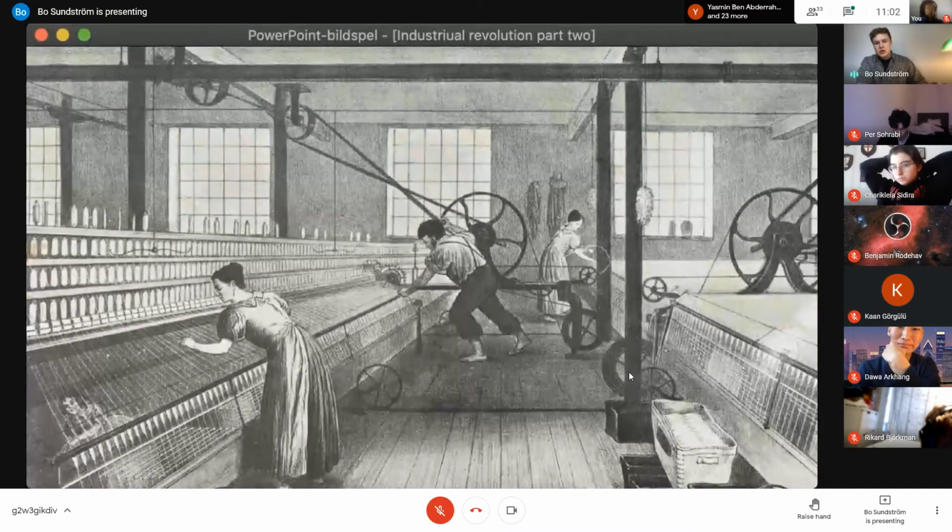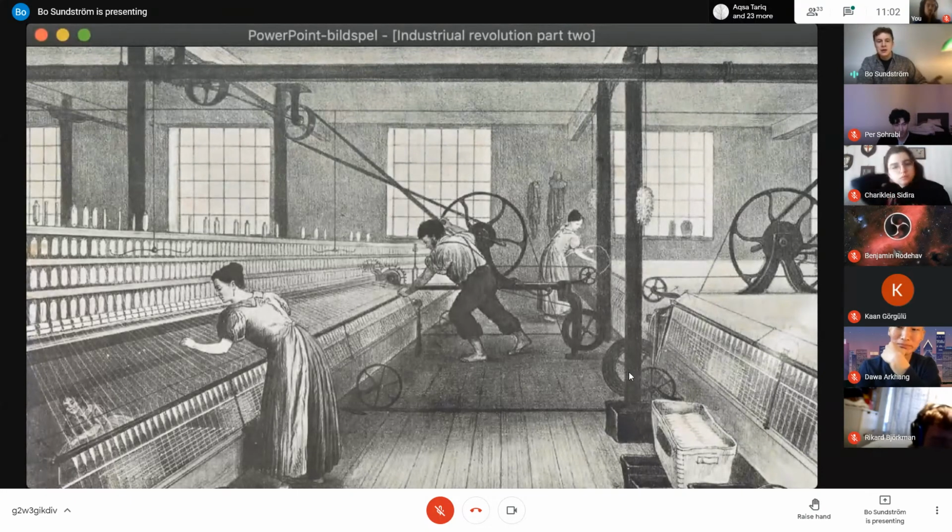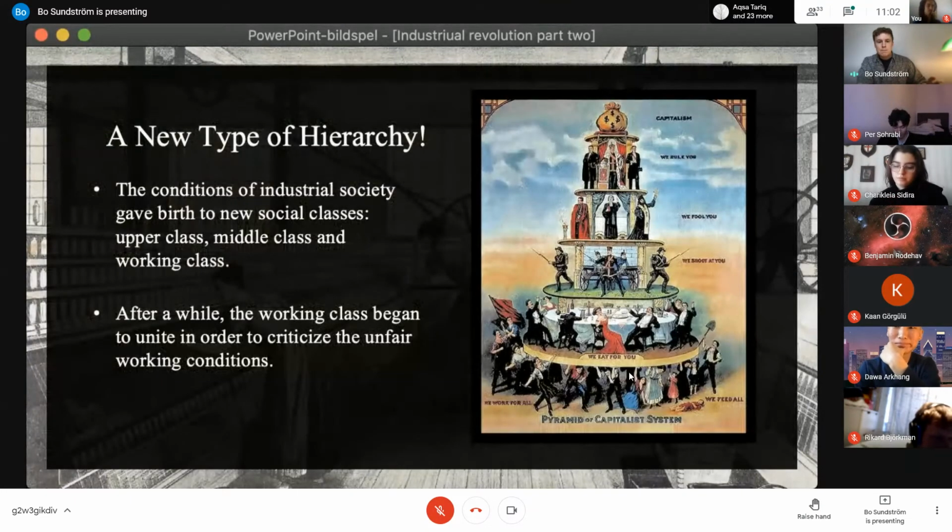So the working conditions were tough in the industrialized society. We have it so much better today. I don't think I have to underline that. But this also led the way to a new type of hierarchy. Like in every unit that we had in this course so far, and every past society that we've discussed, we've always acknowledged that there is a hierarchy of some kind.